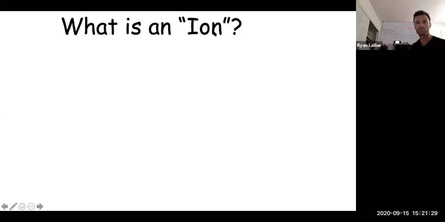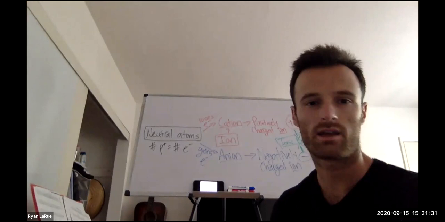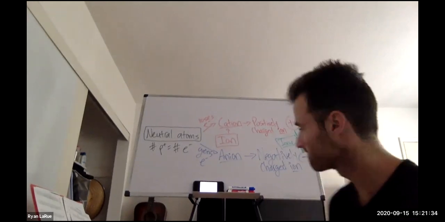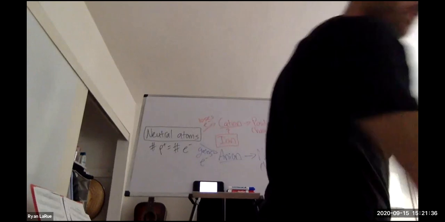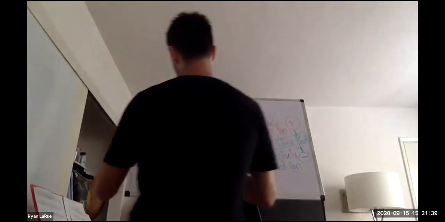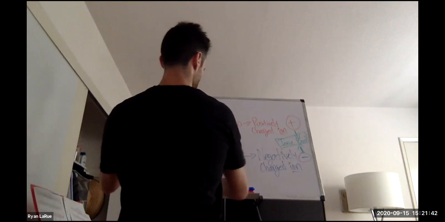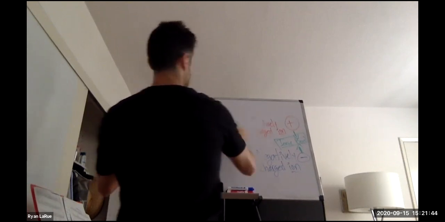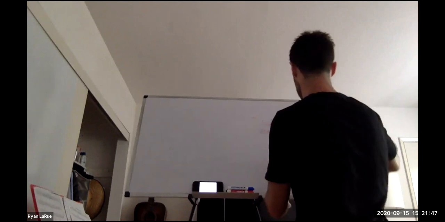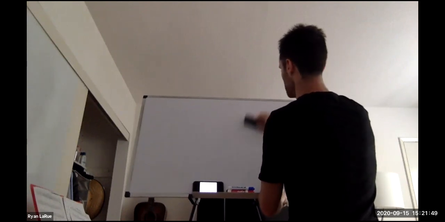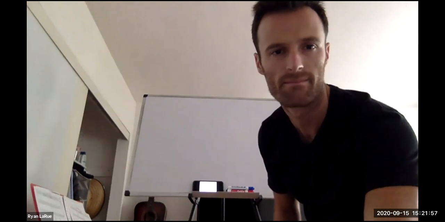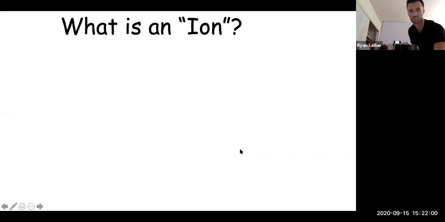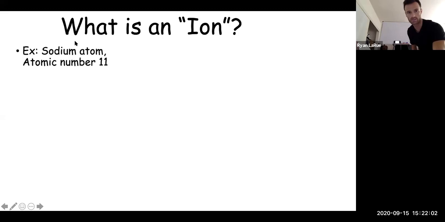So let's take a look at two ions that will form an ionic bond. First one we're going to look at is a sodium atom with atomic number 11.